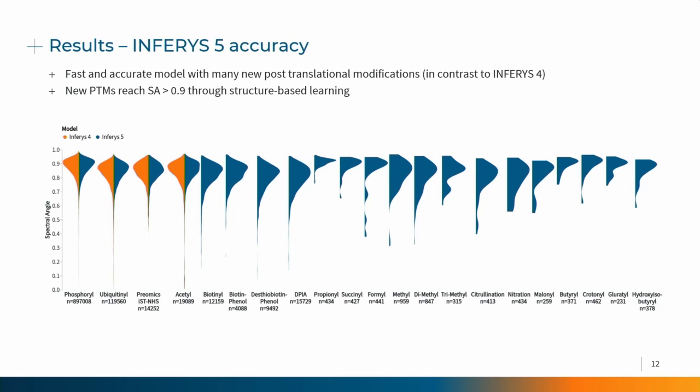However, now we have a model that is still fast, that is based on the structure, so it learns from the molecular strings, but it supports many more PTMs than INFERYS 4. And I already mentioned that we retain the speed in INFERYS 5, even though we have a harder task now to learn from the chemical structures.